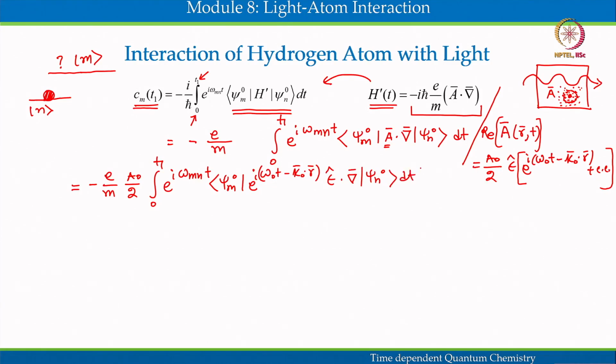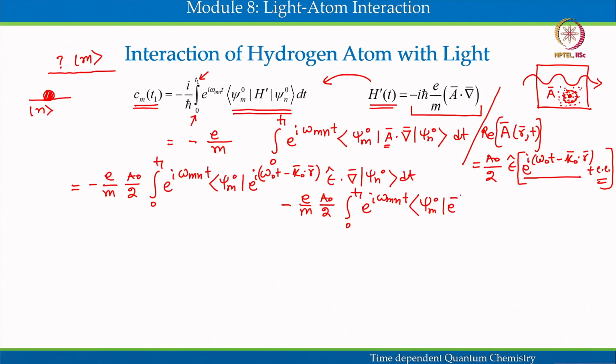So, this is one term. Another term would be minus E by m A naught by 2, then the integration from 0 to t1 of e to the power i omega mn t, then this integration, e to the power, now this is the complex conjugate, which means the complex conjugate of this term.